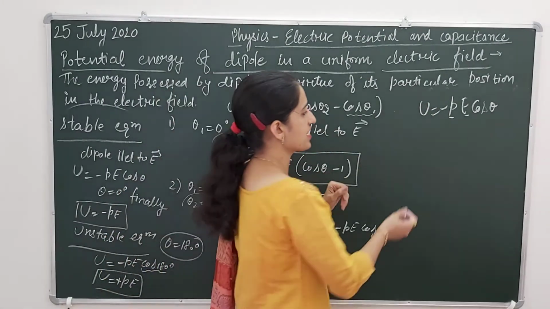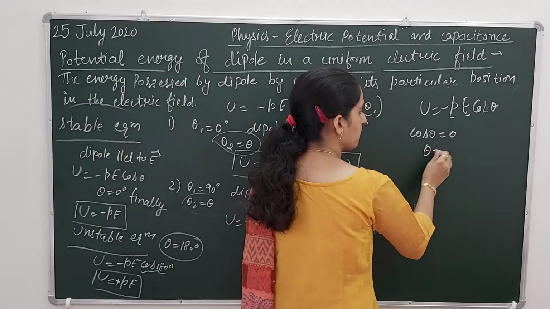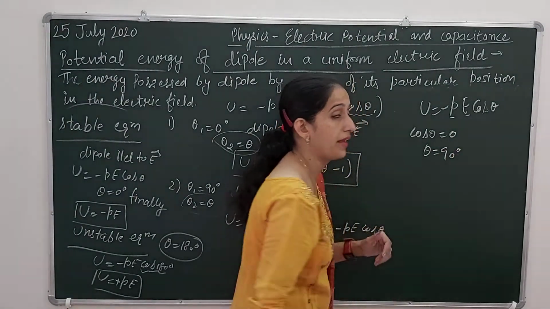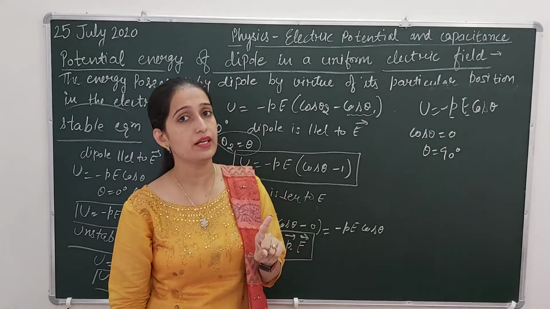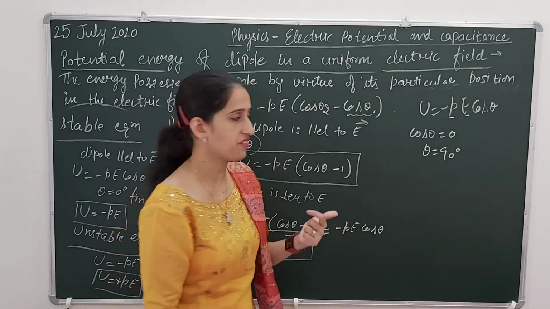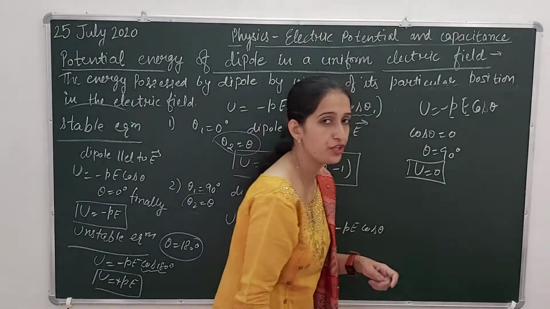So the condition is that cos theta will be equal to 0. And when is it possible? When theta is equal to 90 degrees. This means when the dipole is perpendicular to the direction of the electric field, then the potential energy is 0.